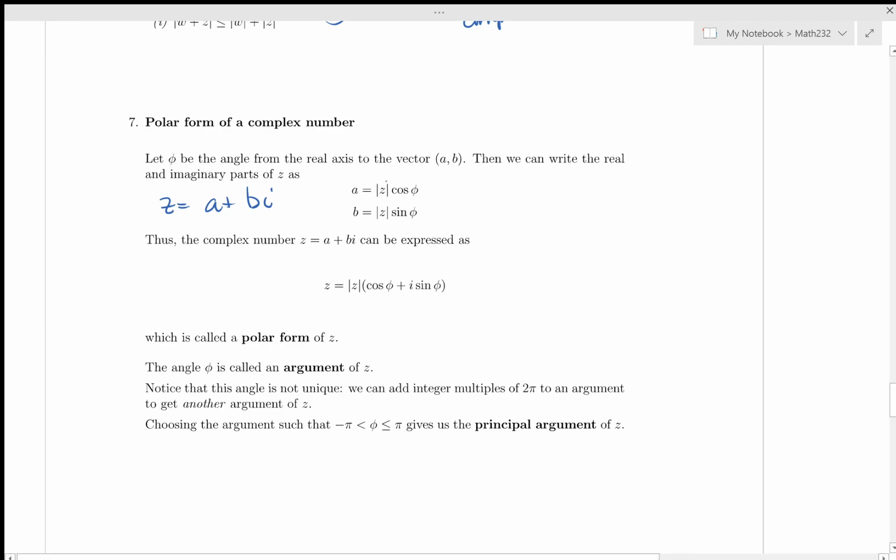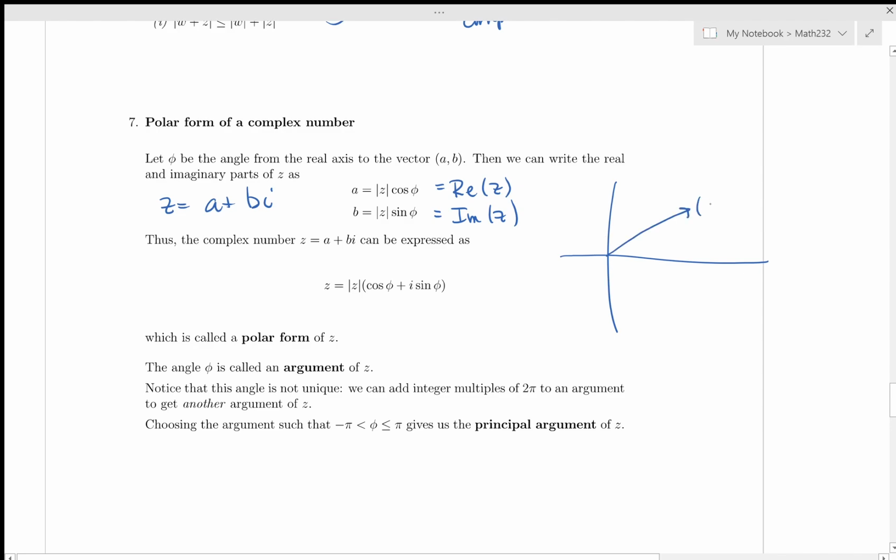I can write the real part of z, which is a, and the imaginary part of z, which is b. If I have that angle phi from the real axis to the vector AB, then a is equal to the modulus of z times cos phi, and b is equal to the modulus of z times sine phi. This perhaps does not come as a surprise. Let us quickly draw an example here.